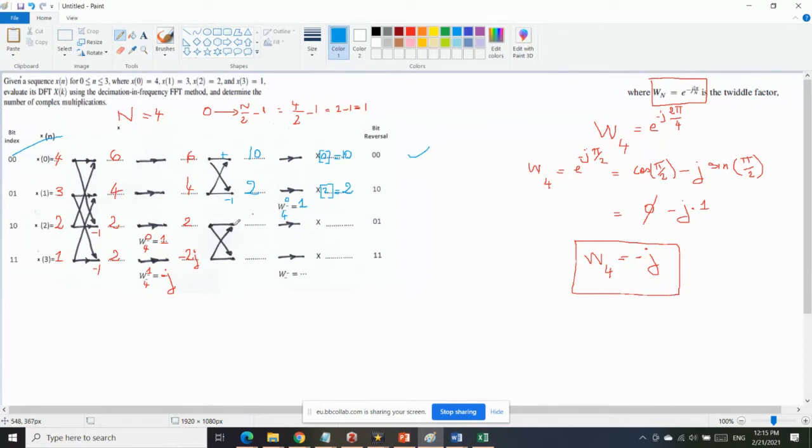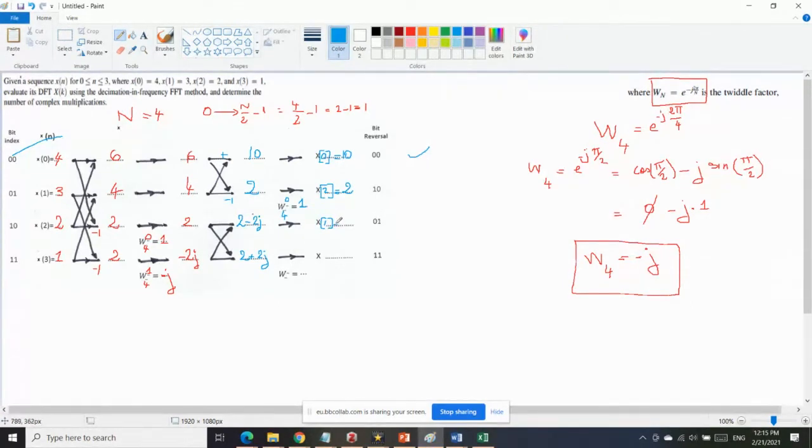Okay, here we have 2 plus minus 2j, meaning minus 2j. And here it will be 2 minus 2j, meaning plus 2j. For this one it stays the same. So which one is this? This is x1 according to the index.